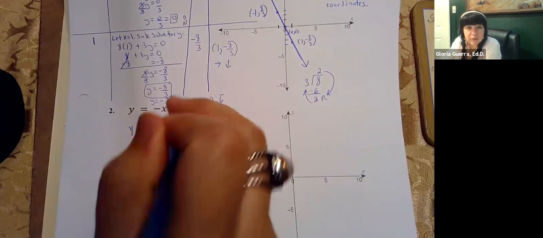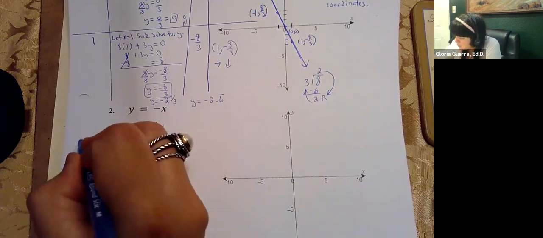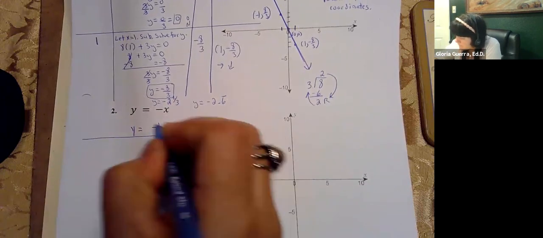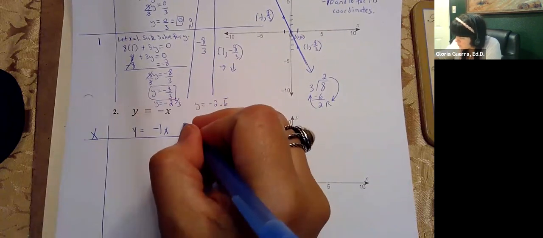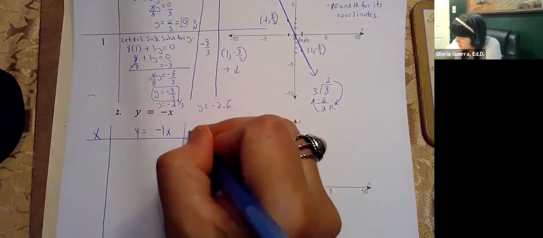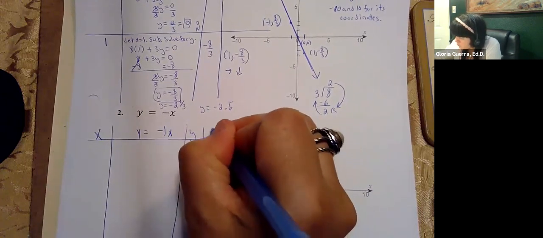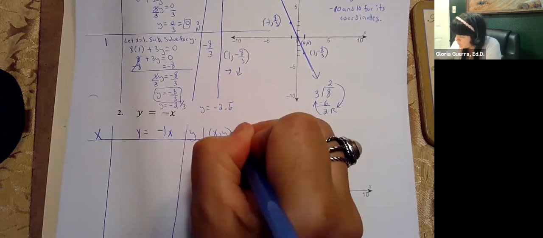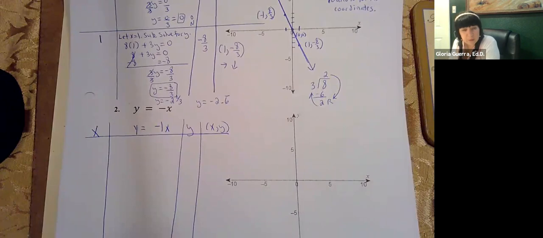There's an imaginary -1 there, and I'm going to draw my grid like this, with x and y. Then I'm again going to choose some values.